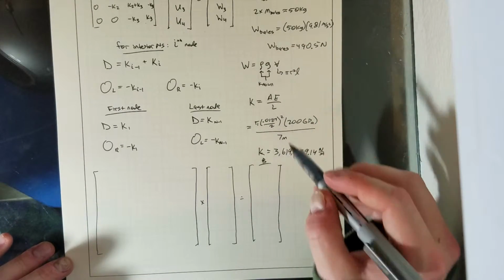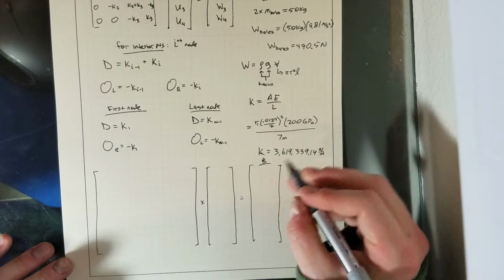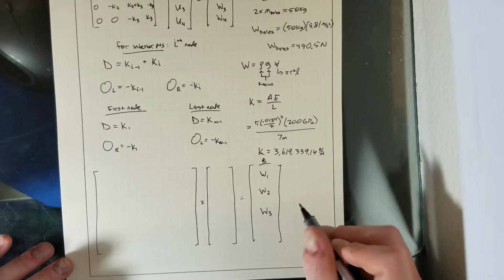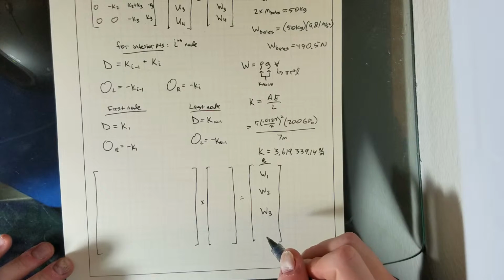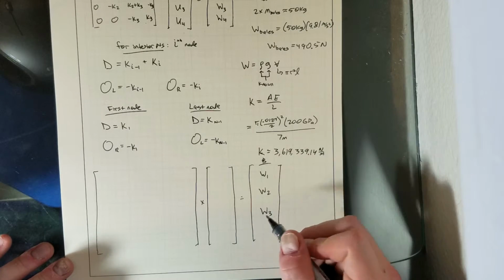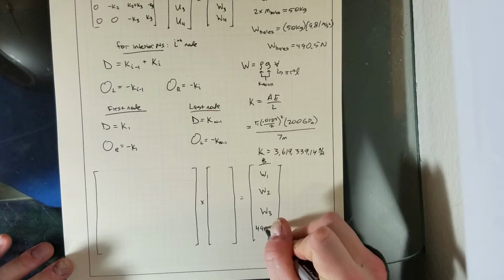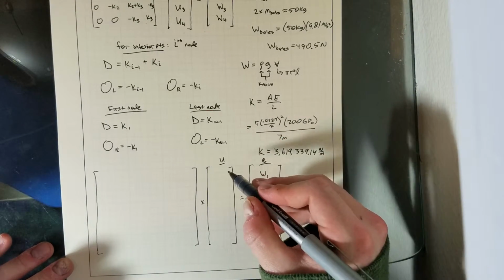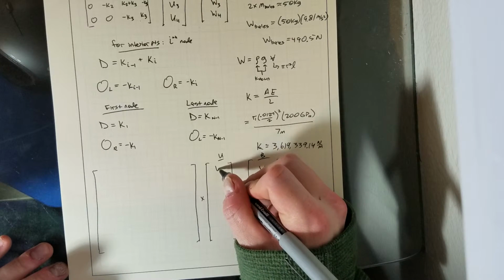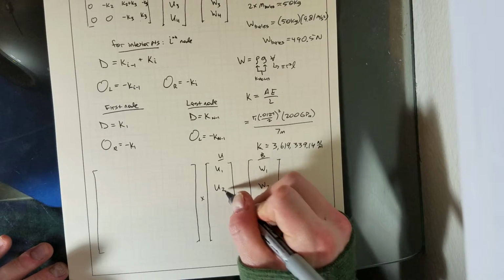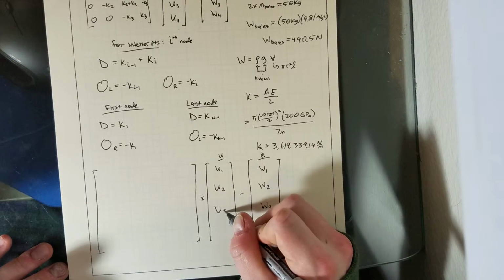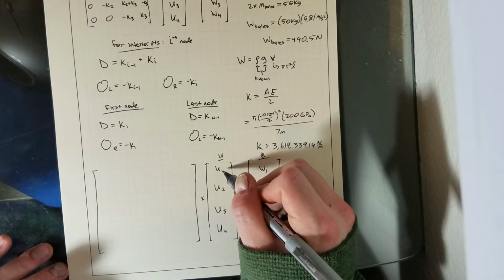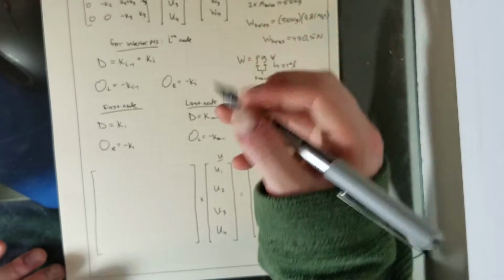So this will be covered, but all these are known values. So weight 1, weight 2, weight 3. And then the weight at node 4 is just the weight from the bales, so that was calculated above at 490.5 newtons. And then the displacements are of interest. That's what we're going to be solving for using MATLAB. So we'll have the displacement of node 1, displacement of node 2, displacement of node 3, and displacement of node 4. And then as discussed earlier, node 1 is fixed to the surface.